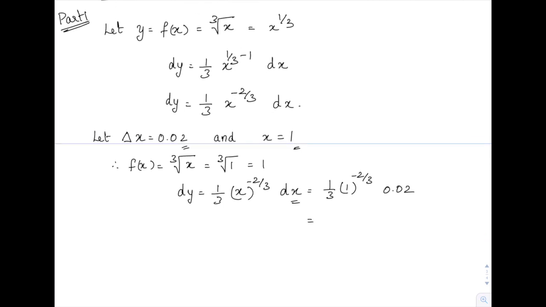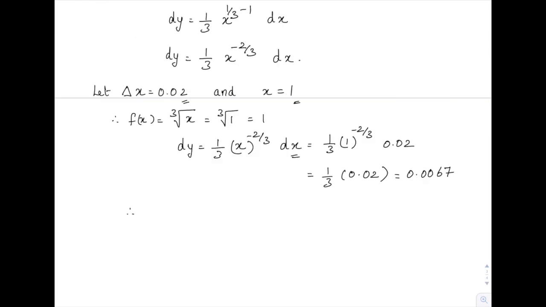So which is equal to 1 by 3 into, anything to the power of 1 is always 1, into 0.02, which is equal to 0.0067.